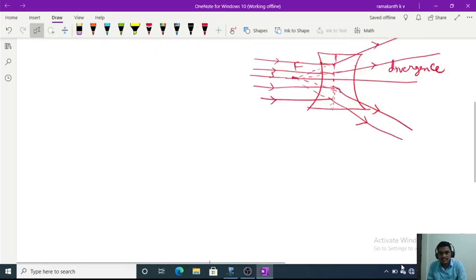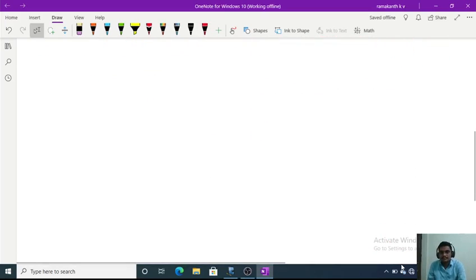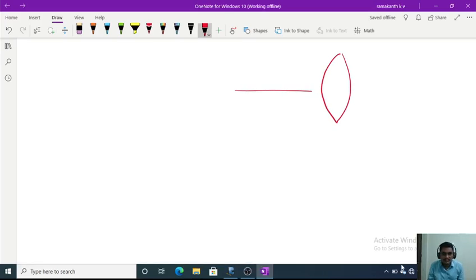Now let us take a convex lens, and this is the principal axis of this lens. This is the optic center. Now take a single ray of light which is parallel to the principal axis.